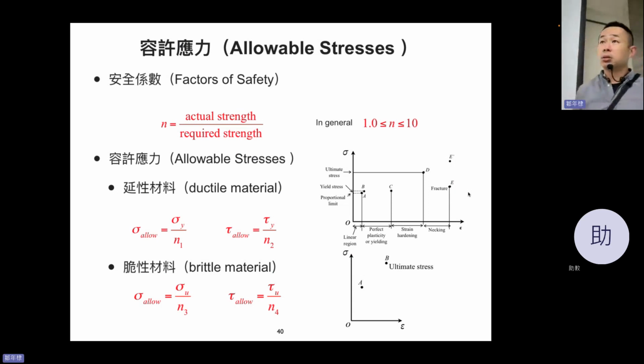Allowable means that you can only suffer that value of stress. If you exceed that stress, it will break. It's not allowed to exceed allowable stresses for the materials.